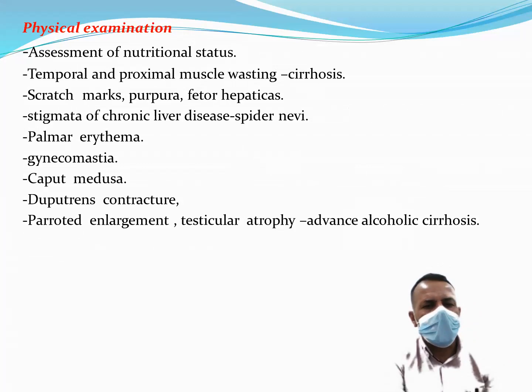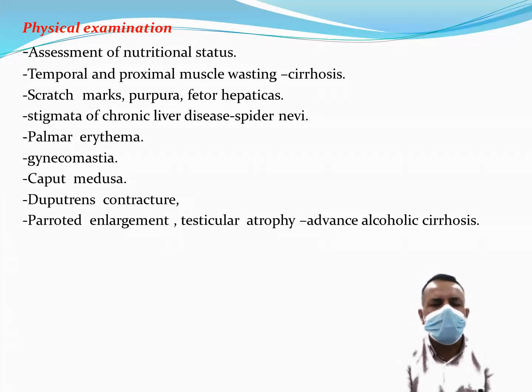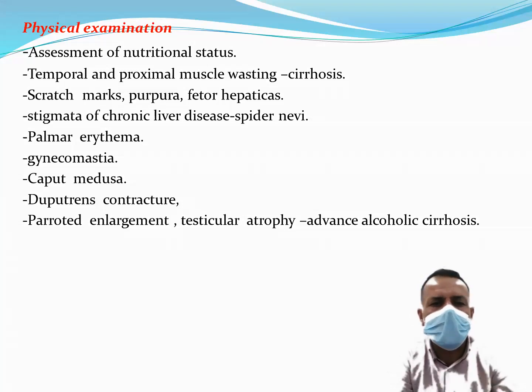Scratch marks, pruritus, fetor hepaticus, scratch marks, any mark due to itching, or purpura, that means bleeding tendency in the skin. Fetor hepaticus means bad smell from the mouth resulting from advanced liver cirrhosis.